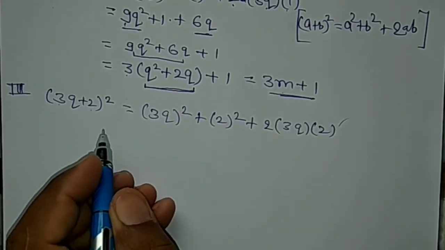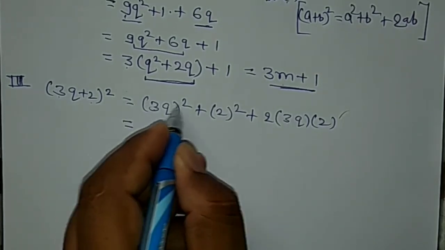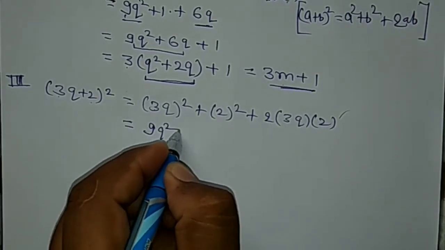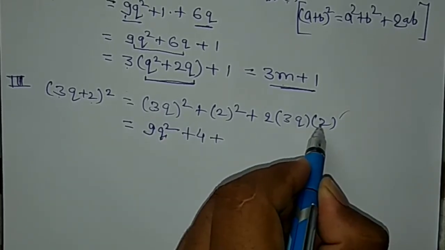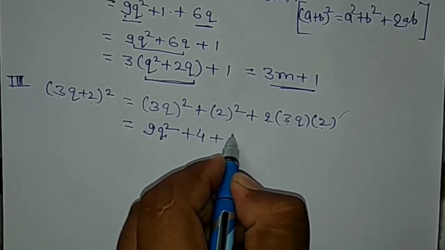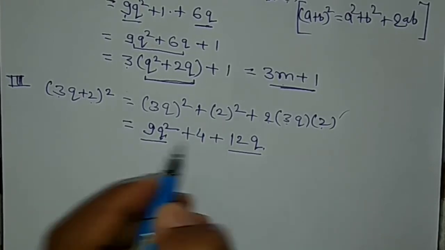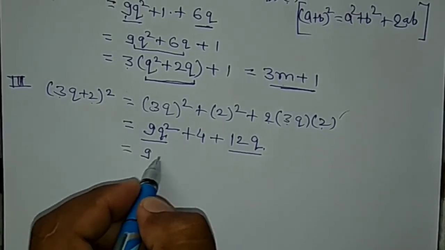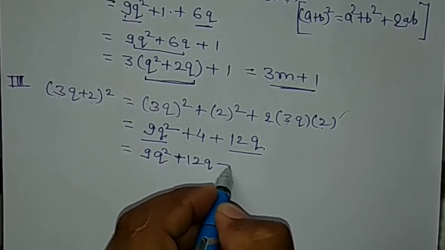After that, that is 9q square plus 4 plus 12q. Now I am writing this, only rearranging: 9q square plus 12q plus 4.